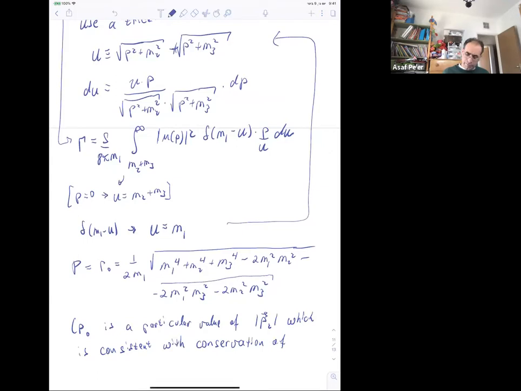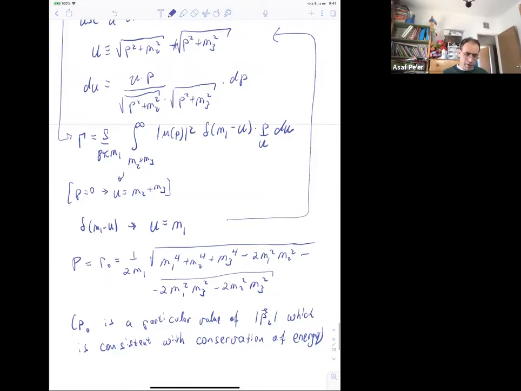And so we can simply plug it into the delta function, and the delta function really kills the integration over u. We have only one u in the denominator, which is now turned into an m1.